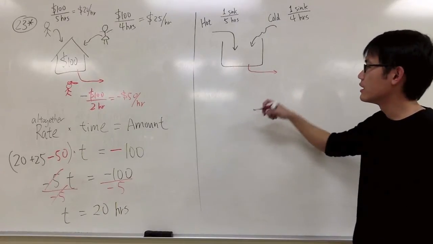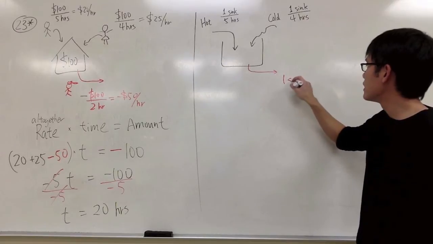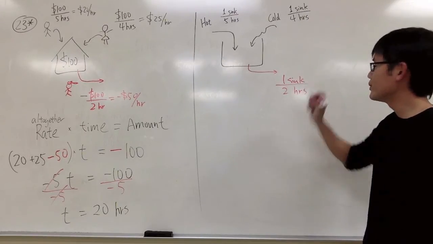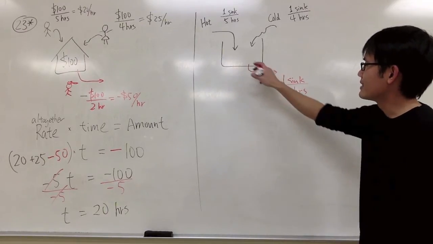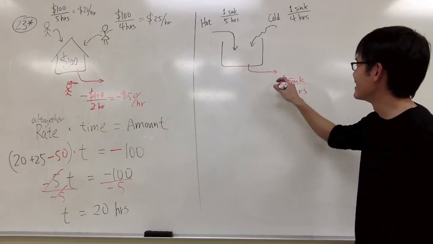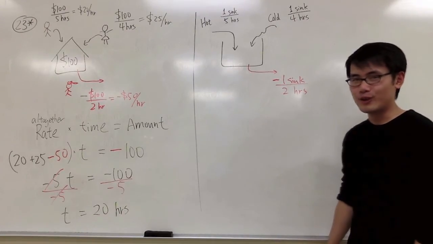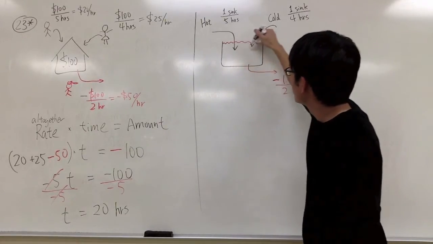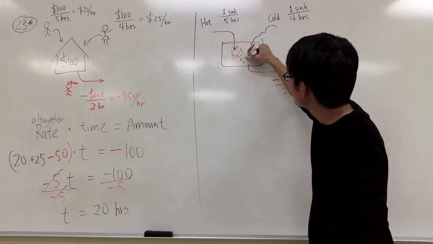The rate for that is one sink in 2 hours. Since the drain is losing the water, this is technically negative one sink over 2 hours. And originally, the sink is full. One sink.